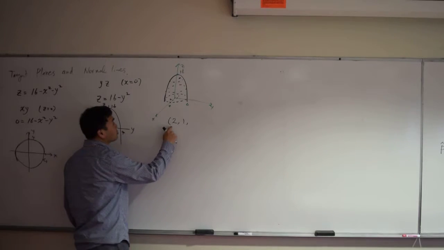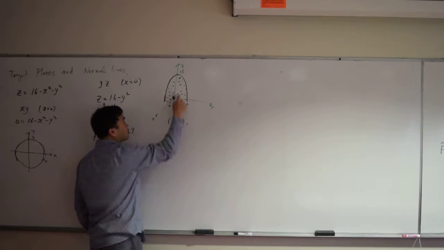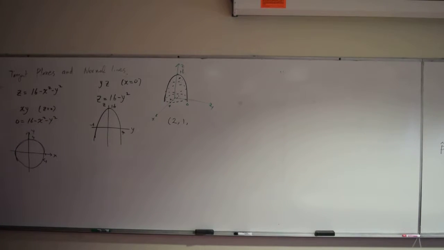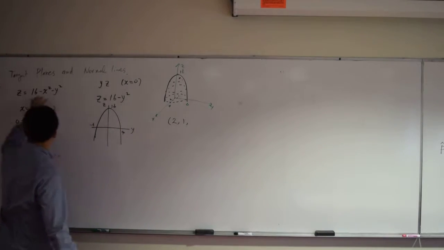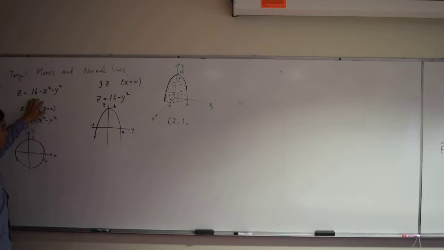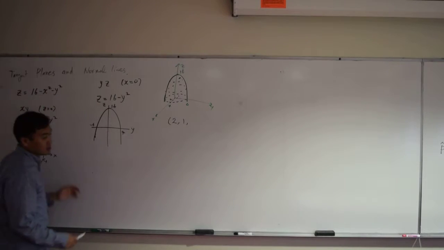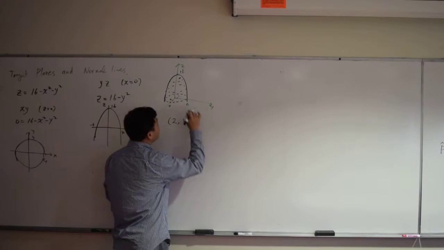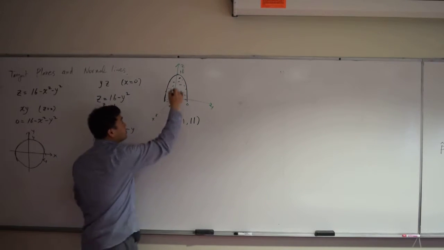If the x-coordinate is 2 and y-coordinate is 1, what's the z-coordinate? 11. How did you get 11? You plug it in. Because the surface is given by this equation, if x is 2 and y is 1, you just plug it in here, and you get the value of z as 11, right? So 11 is the z-coordinate of this point.